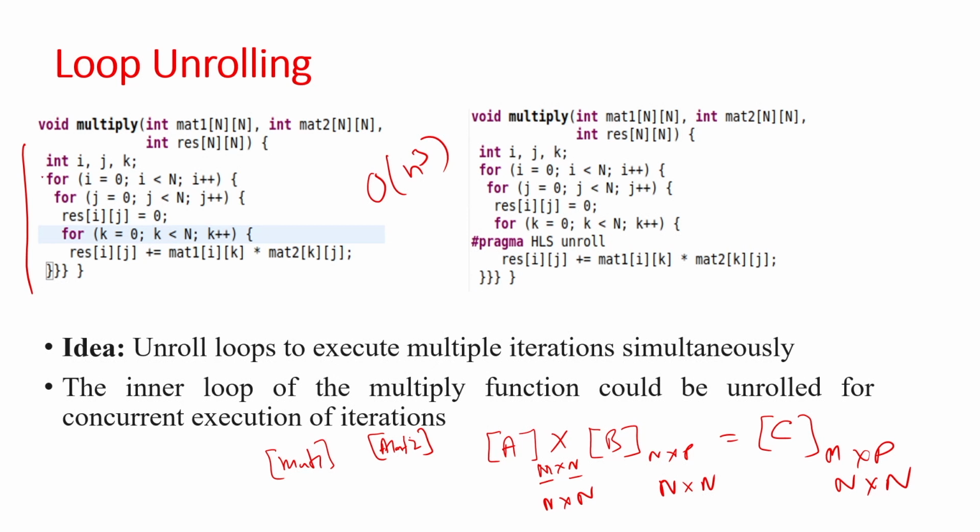This is the output location, right, i and j. For each output location i, j of the resultant matrix, I am doing n multiplications, and this k is basically the n multiplications happening in this internal for loop, right. What is happening here is basically i k into k j.